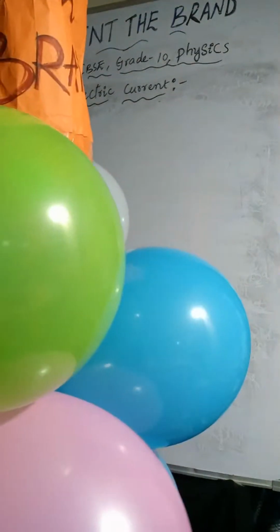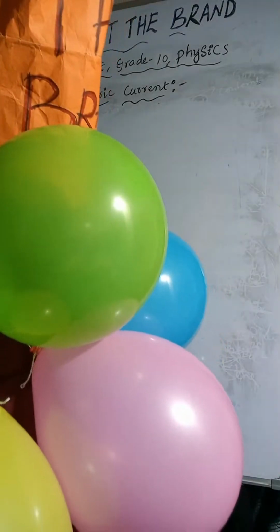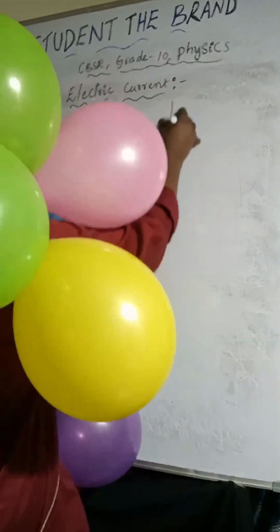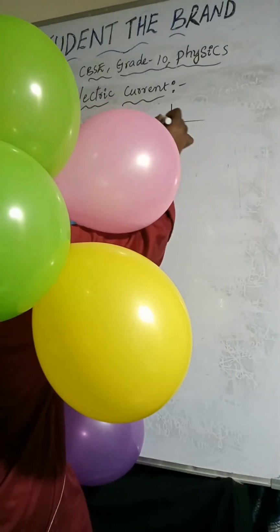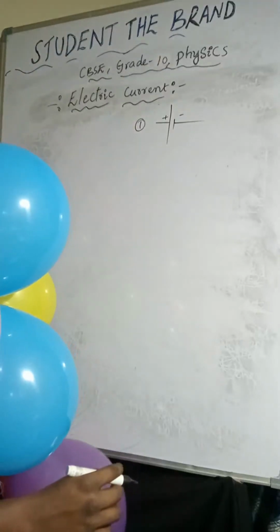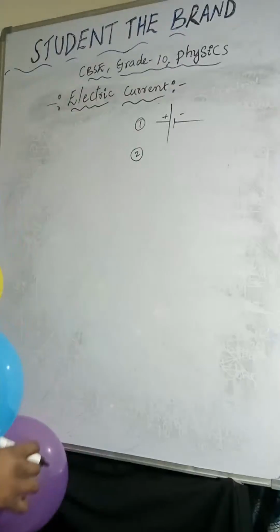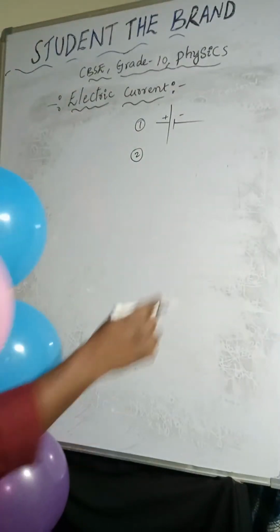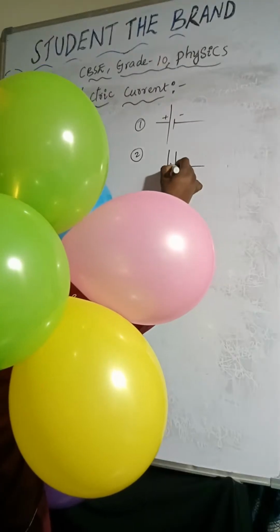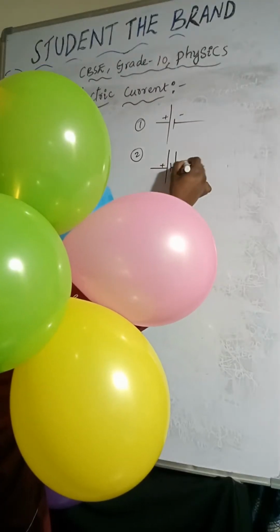Okay, so electrical components. Those are: cell, with positive terminal and negative terminal. The second one is battery. Positive terminal, negative terminal.